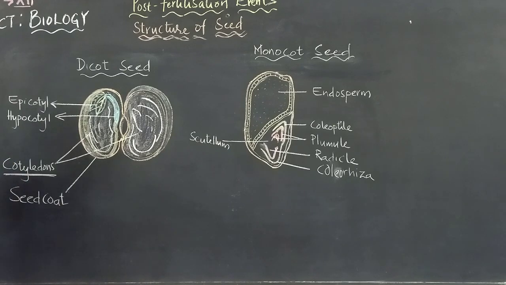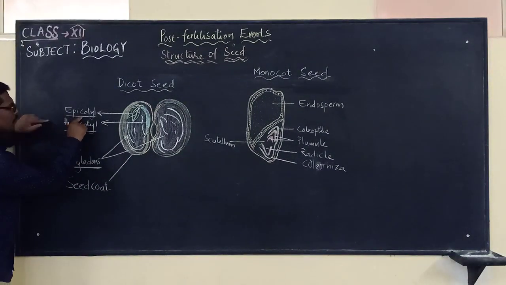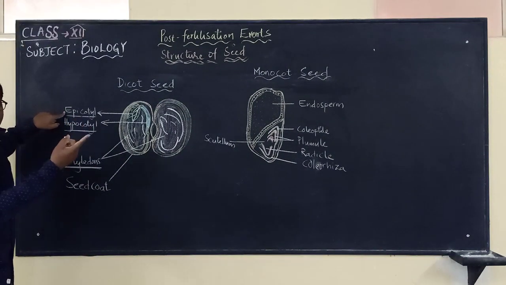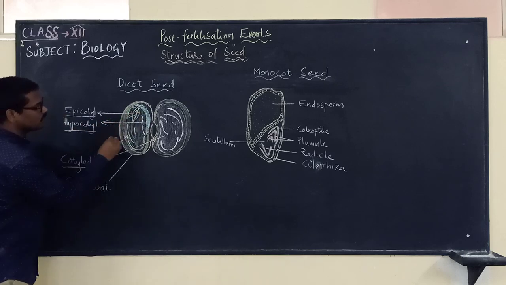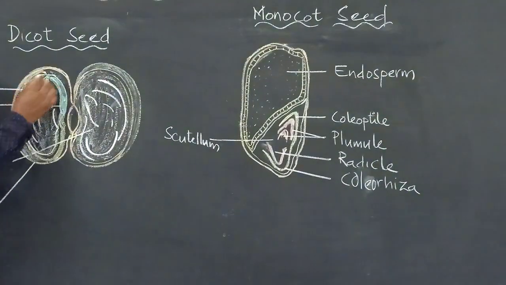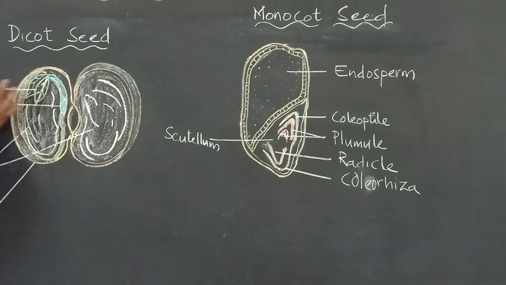form the future shoot and root, that is, the shoot system and root system will be formed from the embryo. Otherwise we say epicotyl and hypocotyl. What is this epicotyl? It gives rise to the plumule or stem tip. You can see in this diagram the leaves, the shoot tip, which is called epicotyl. It is part of the embryo.